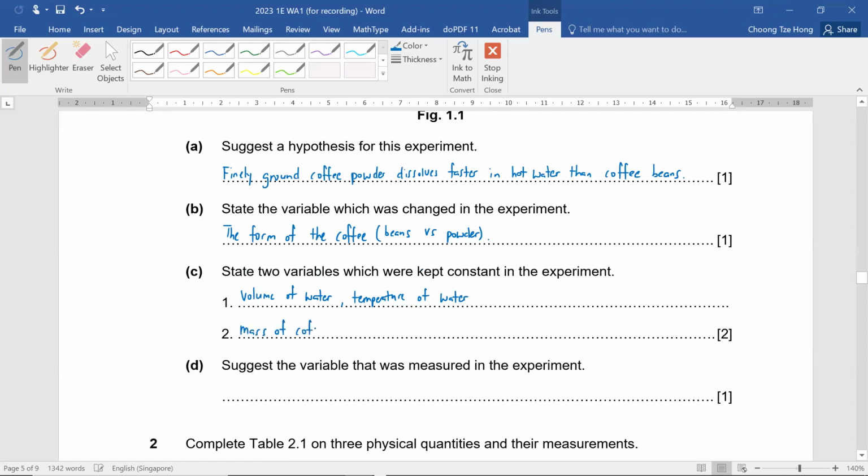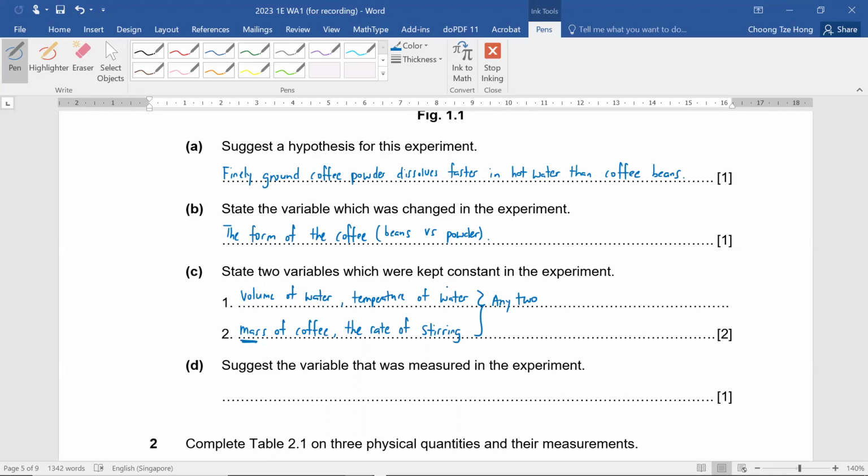Also use specific terms like mass, instead of just using a general term like amount. And then the rate of stirring. You just have to state any two of these. If you have thought about other things that are logical, it's also possible to write them down.